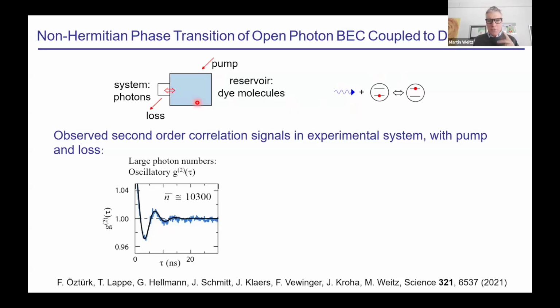But now, if you look into things in more detail, one finds that, as in any optical system, losses do play a role. We do have losses, for example, due to mirror transmission, and to compensate for these losses, we also have to pump. The influence of losses has also been pointed out a lot in polariton physics.